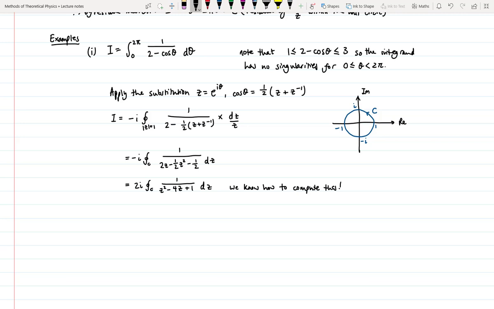So for this contour integral, we need to consider the poles. We can do this by looking at when the denominator equals 0, and that means finding the roots of the denominator.